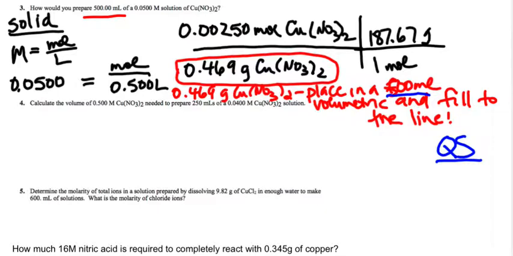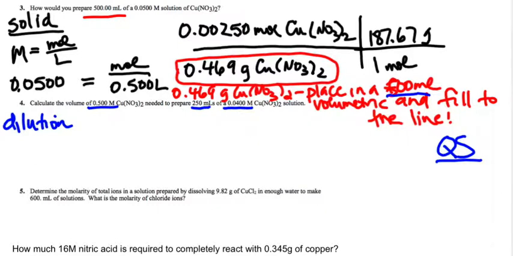This one is a little different because we're going from a solution of 0.5 molar to 250 mils of a 0.04 molar. What did we do to this? We started out at a high concentration, went to a low. What's that called? Dilution. Aren't we making a dilution? So anytime you start with a stock, which is always the more concentrated solution, you're going to dilute.